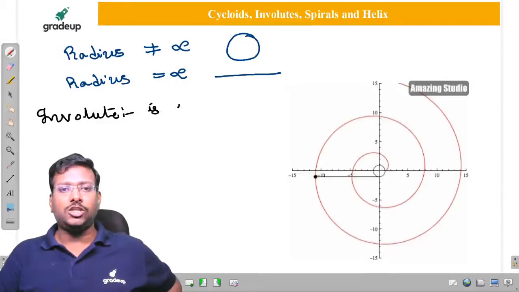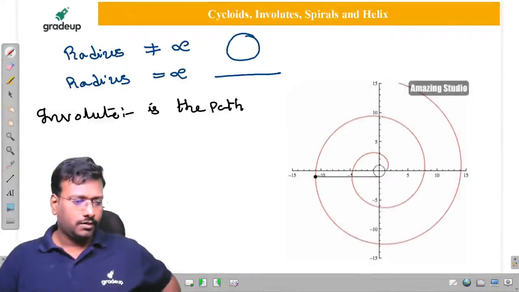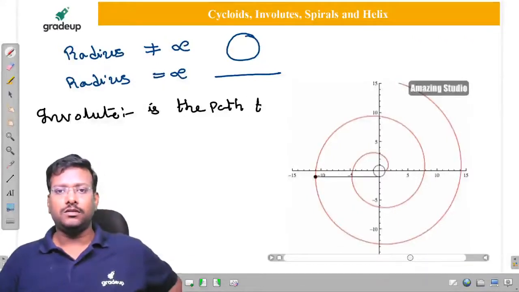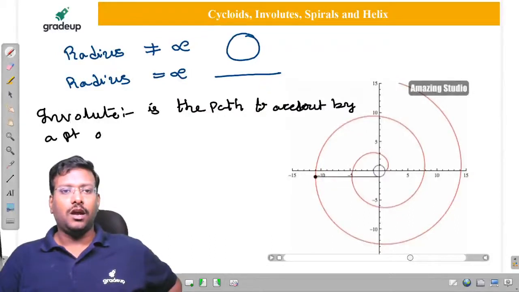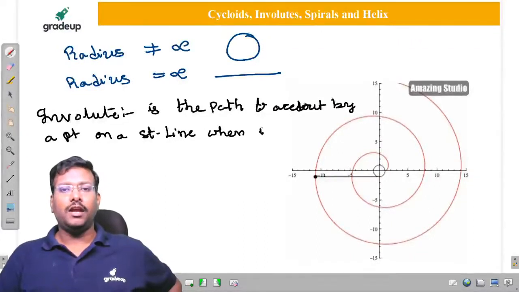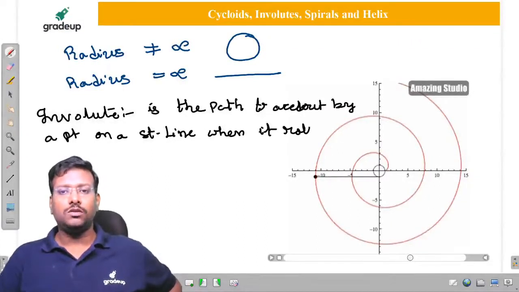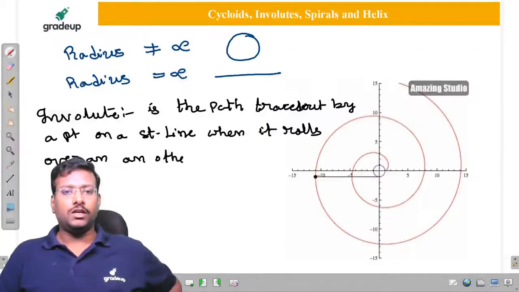It is the path traced out by a point on a straight line when it rolls over another curve.